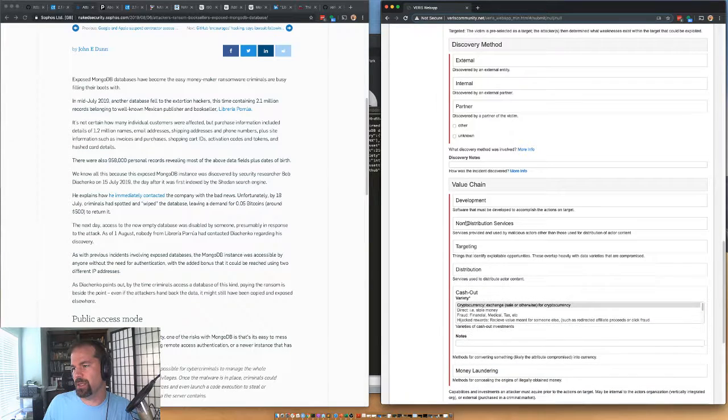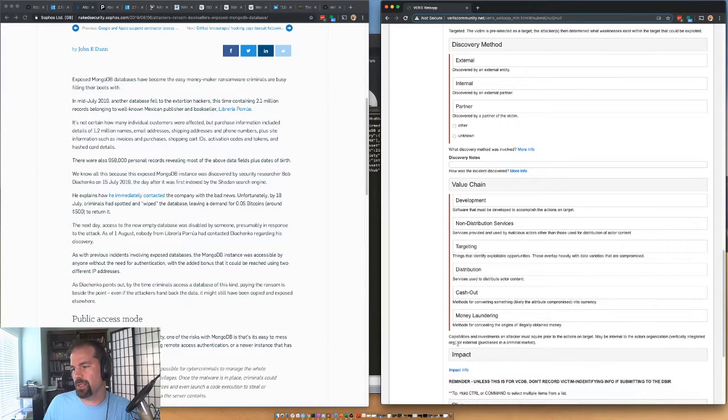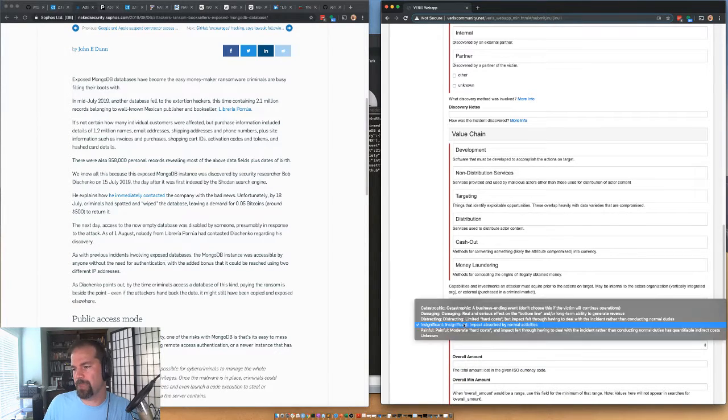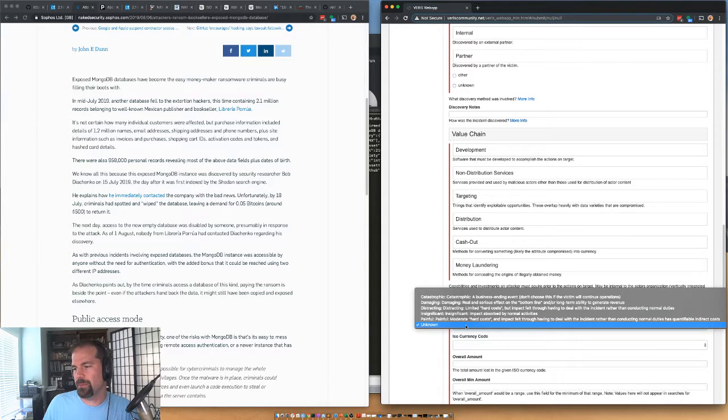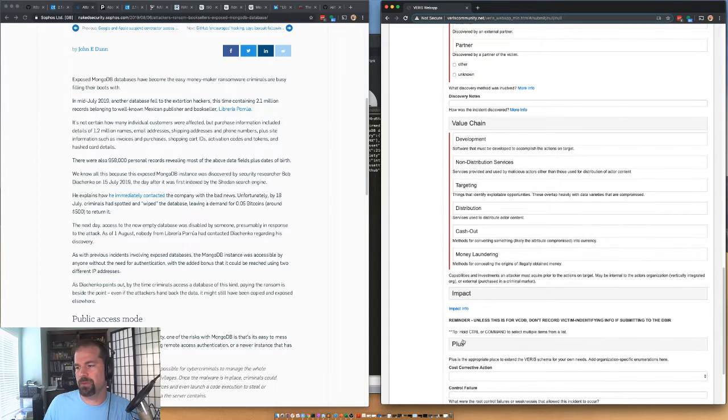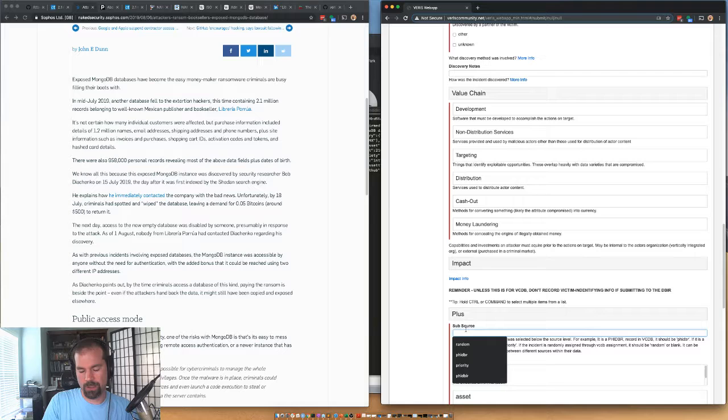That's really kind of it. You need the ability to download a database. Impact overall rating, I don't know. I guess it depends whether they paid the ransom or not. If they paid the ransom, it was probably insignificant.